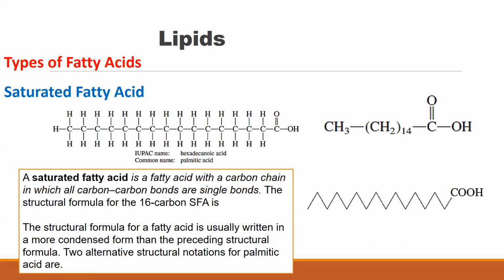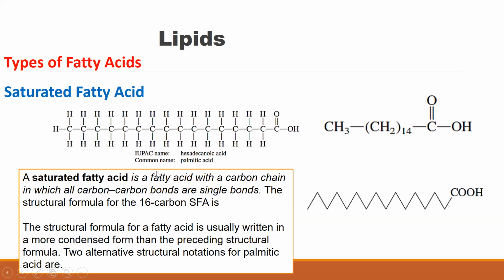So again, here is an example of the structure of the fatty acid. A saturated fatty acid can be like this one. We don't see a double bond here in the carbon chain, but what you see is carbon-carbon bonds and all single bonds. So the structural formula for 16 carbon, you have this, no?